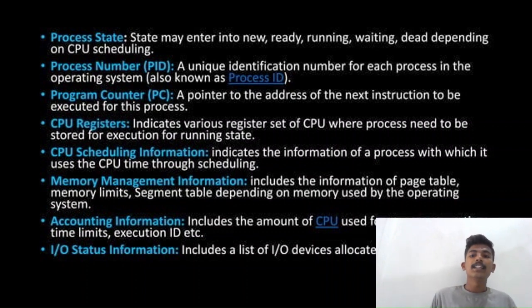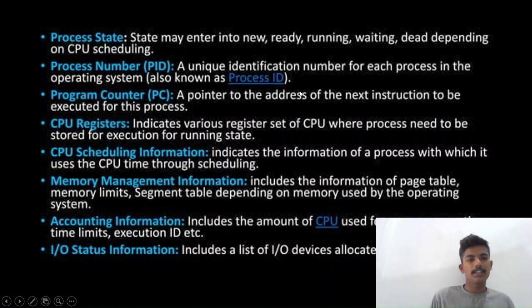When a process is running, it is set to be in running state, and when the process waits due to some input output operations or interruptions, it is set to be in waiting state. When the execution of the process is completed, the process is set to be in dead state.